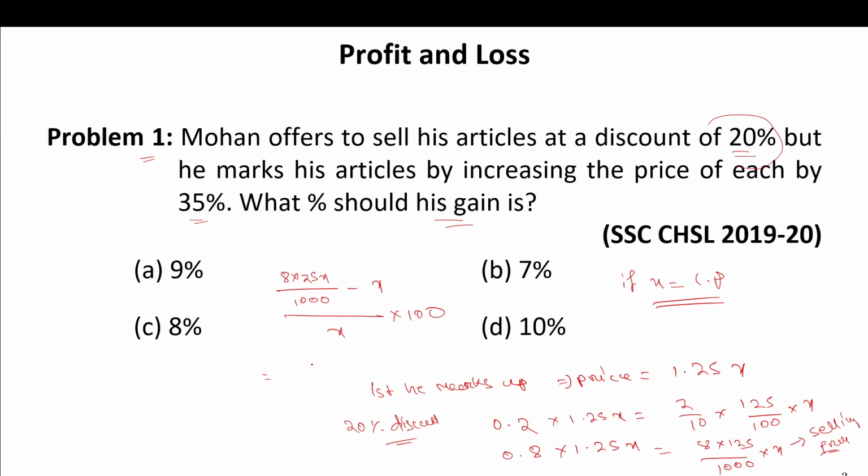So it will be 8 into 125 minus 1000, whole by 10, because 1000 and 100 get cancelled out and 10 remains in the denominator. So what we are left with is 800.